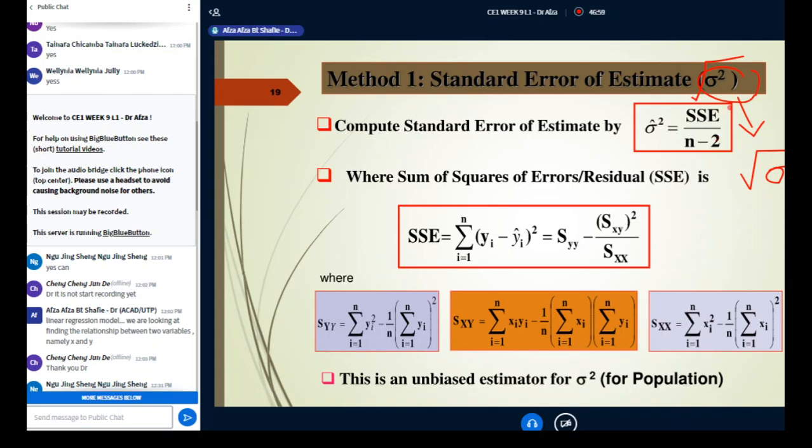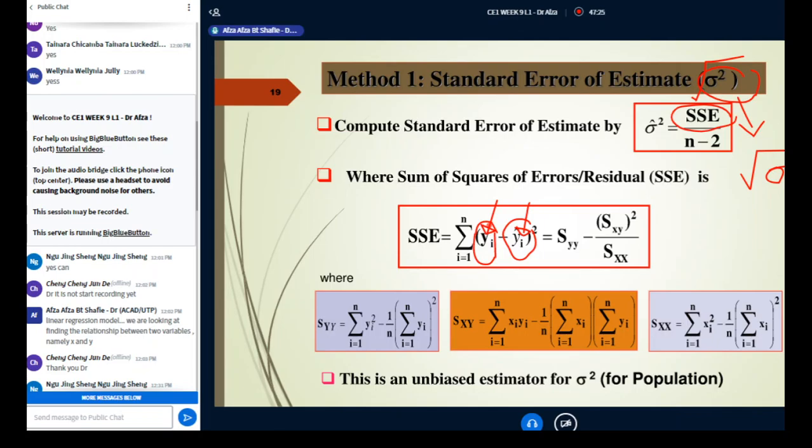Now, what is SSE? What is the error? The error is the difference between the observed and the predicted. This is our actual value, and this is the one that we predicted using the equation. This is how we calculate the error. If they deviate too much, that means your data is very far apart between the observed and the actual.